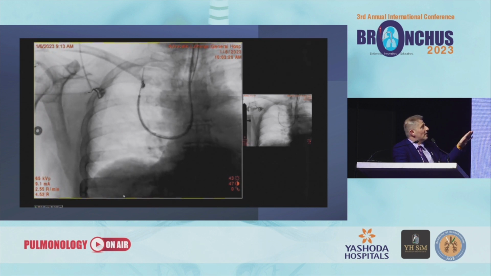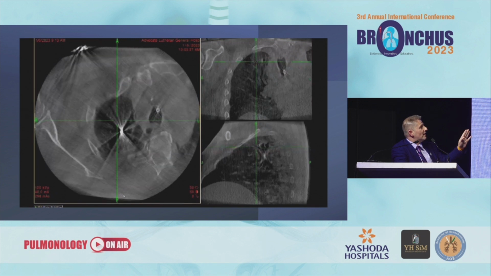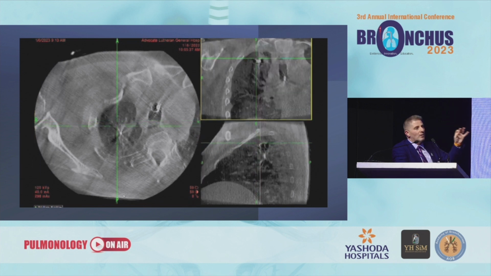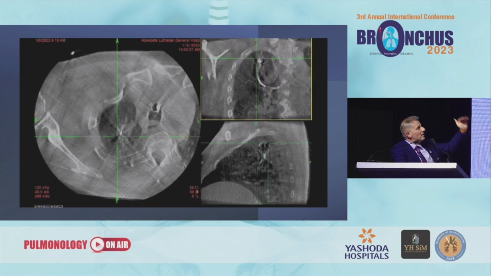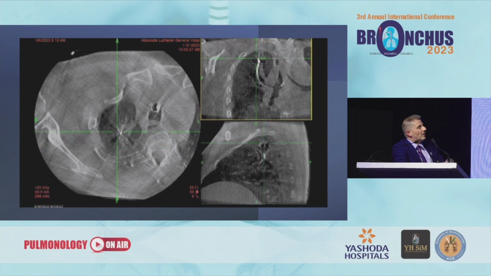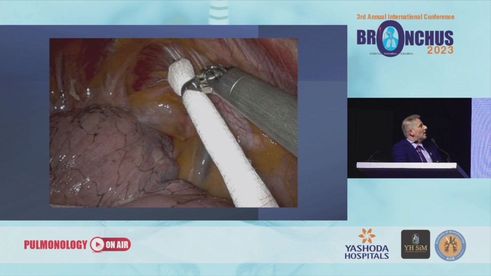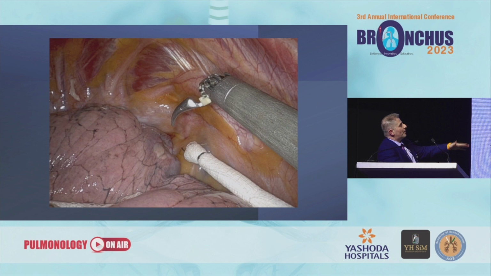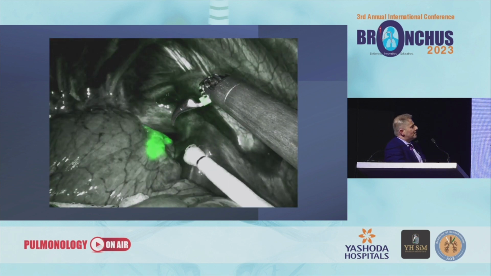After placing the fiducial and repeating the spin, we confirmed that the fiducial is adjacent to, or almost in, the lesion, but not touching the pleura, flushing 2 cc of saline and then also some air over the fiducial.